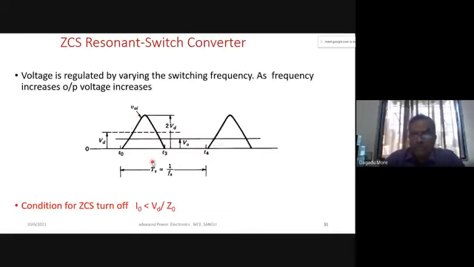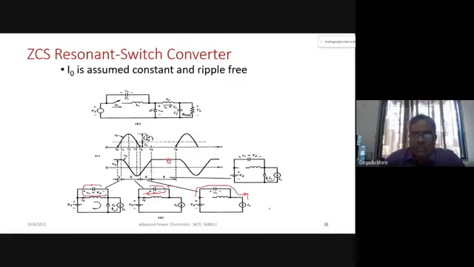In both cases, turn on and turn off, particularly at T0, our switch is turned on, and because our current is zero, the earlier switch is off, so it turns on at zero current. Similarly, because of the LC tank circuit, the current will try to become maximum.